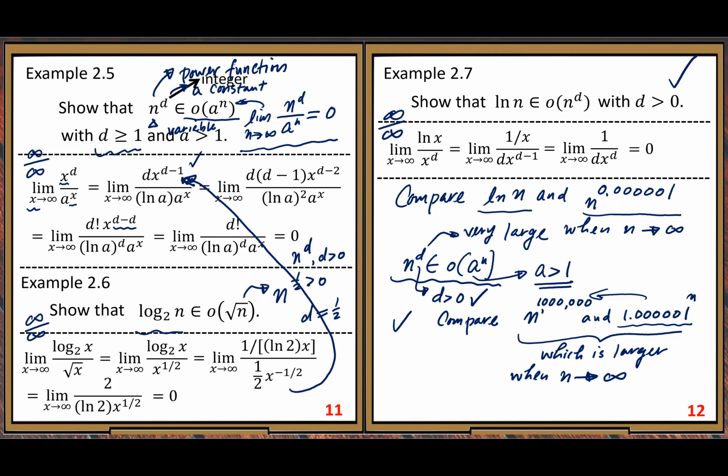If you answer this question by intuition, you may feel n to the 0.000 something 1, the exponent is very close to 0, right? Then you may feel n to the 0, that's close to 1. We know n to the 0 is 1.